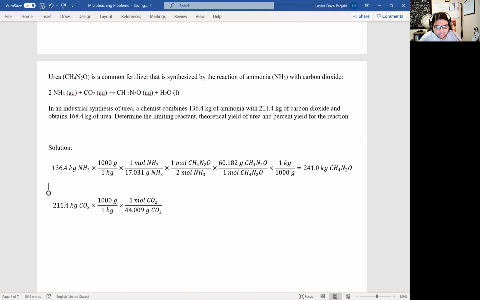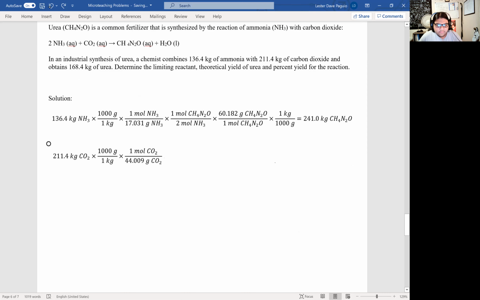So this is the ratio: 1 mole of carbon dioxide for 44.009 grams of carbon dioxide. But we would then need to convert from moles of carbon dioxide to moles of urea. By looking at the balanced chemical equation, the ratio for that is 1 mole of urea for every 1 mole of carbon dioxide.